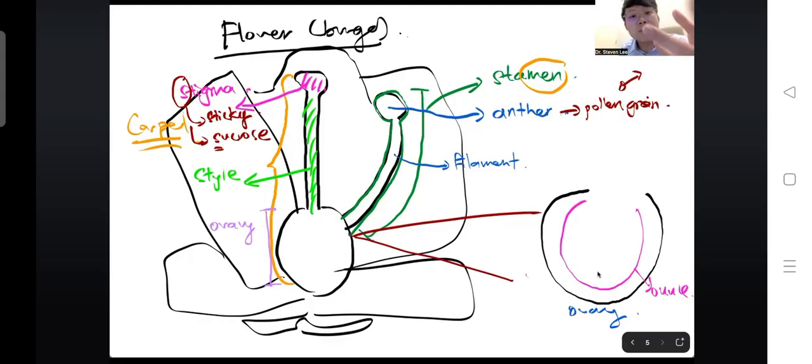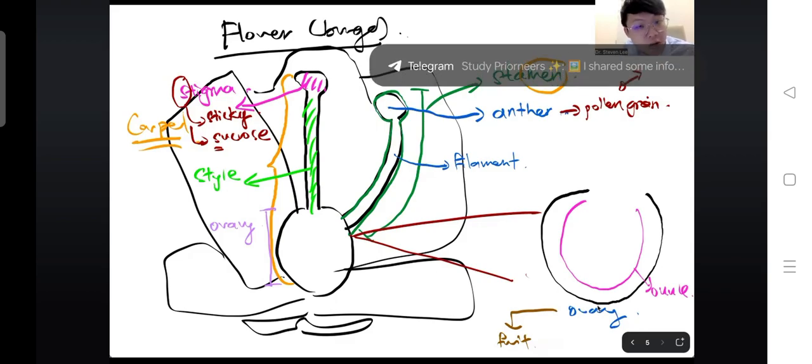For example, you eat a mango. The fruit comes from the ovary. So the ovary later becomes the fruit after fertilization. This ovule is inside the ovary, right? So in the fruit, what do you have inside?